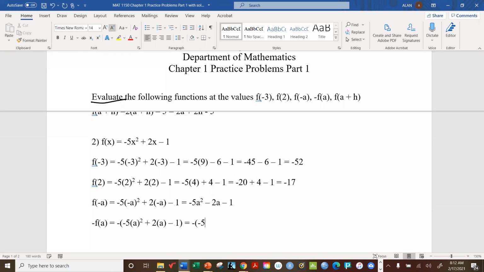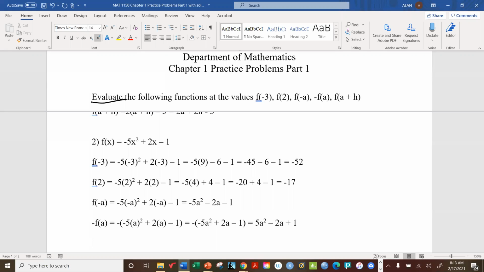So this one is minus 5a squared plus 2a minus 1. And now when you apply the negative to all those terms, you'll end up with positive 5a squared minus 2a plus 1. So you're basically just reversing all the signs.